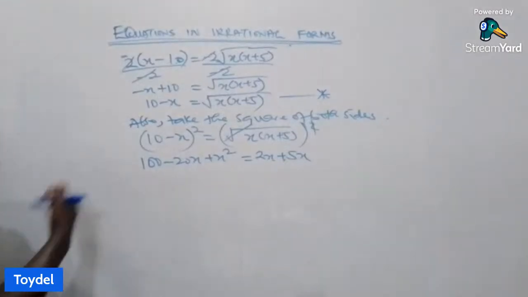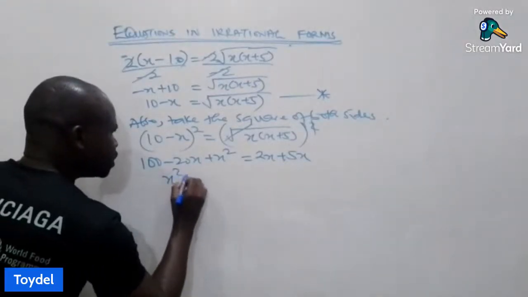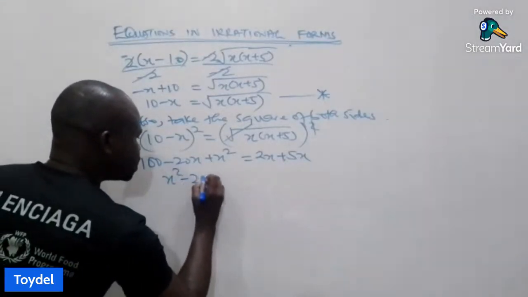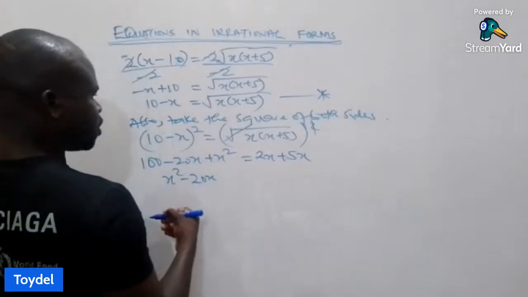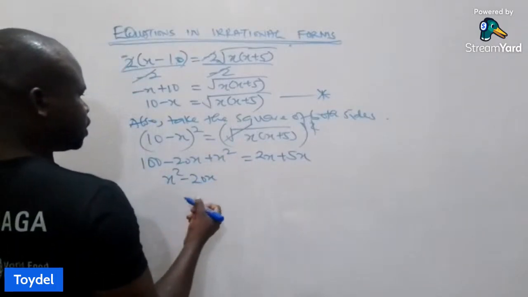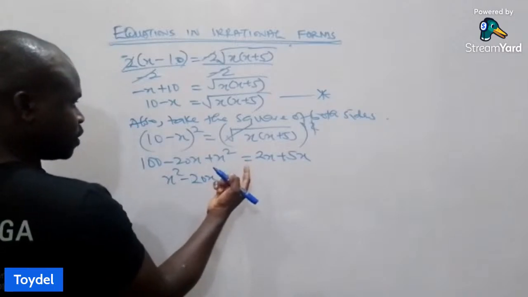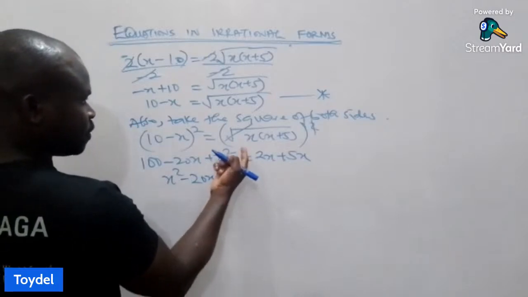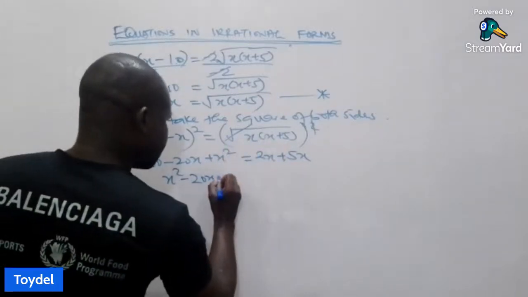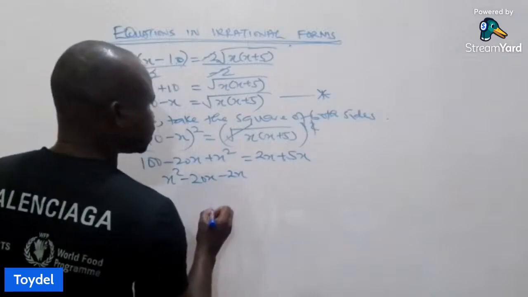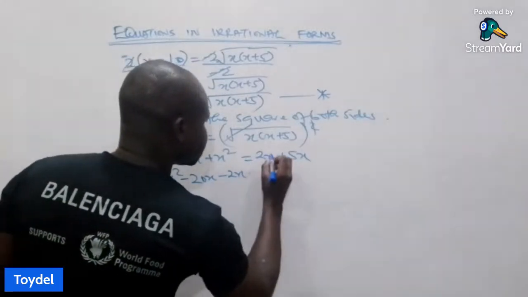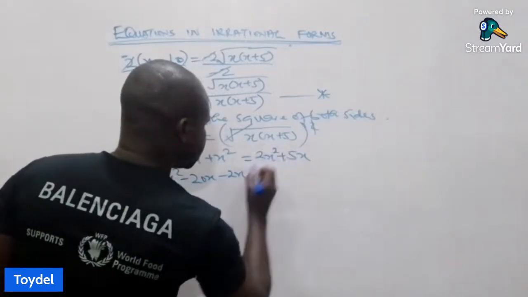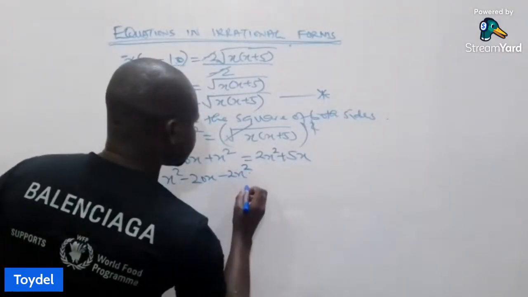So I bring everything to one side. So I'm going to have x squared minus 20x. Then from here, I can have minus x squared.